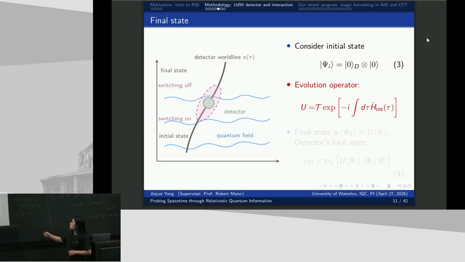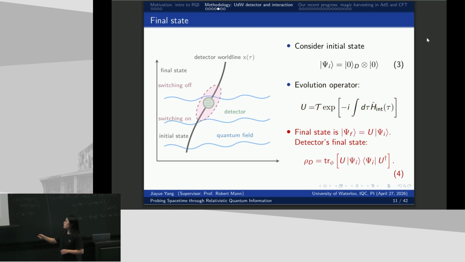The final state of the whole system is just this evolution operator acting on the initial state. When you want to get the detector's final state, you need to trace out the degrees of freedom of the quantum field. After this process, you will get the final state of your detector.